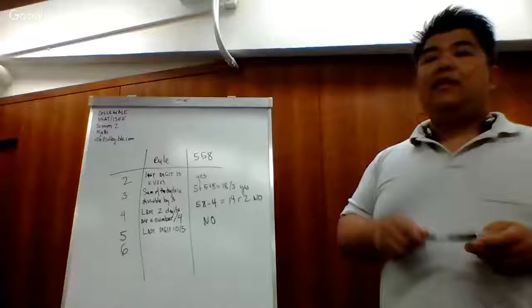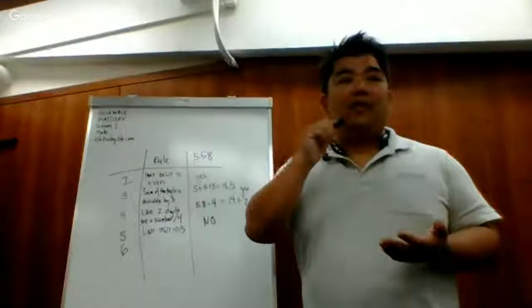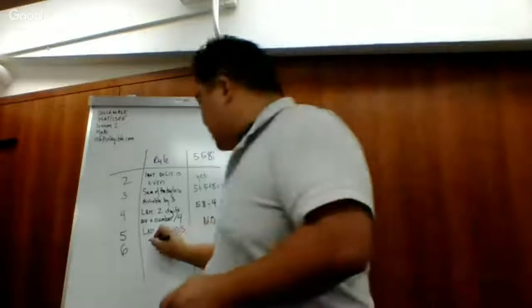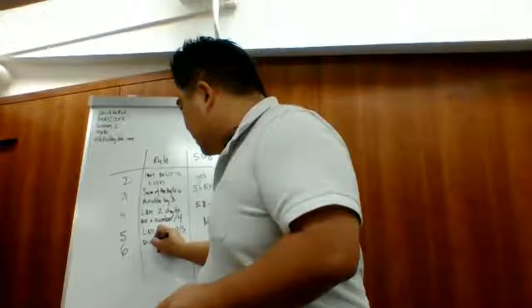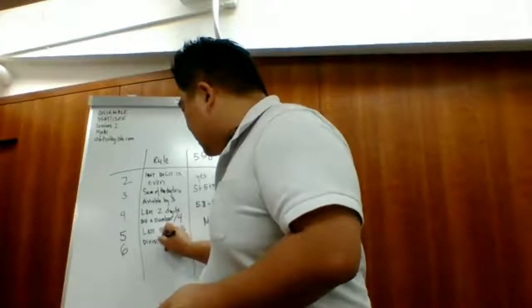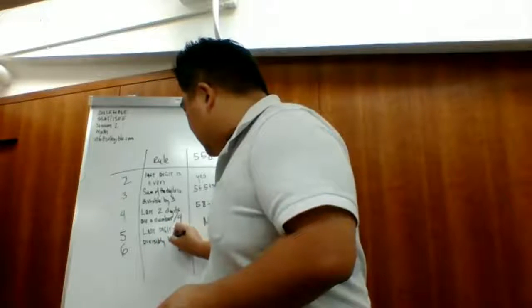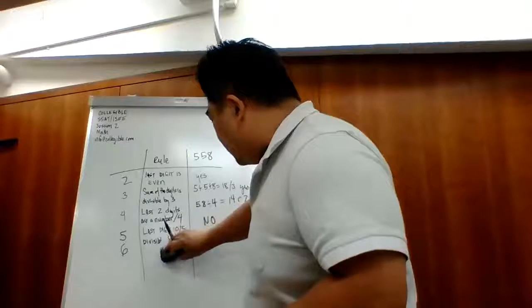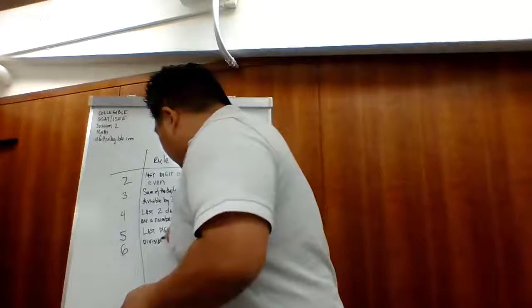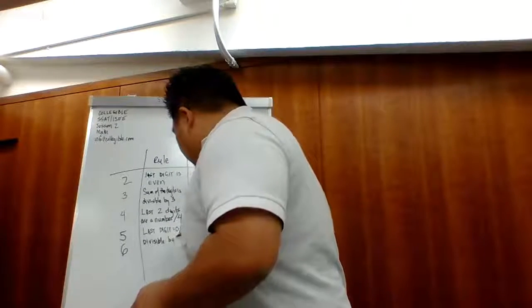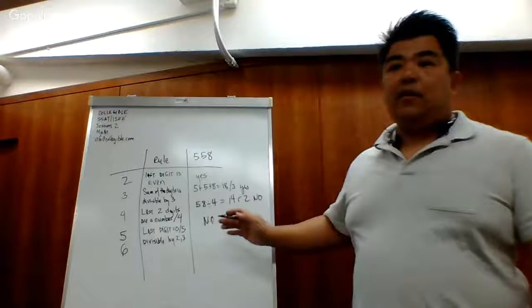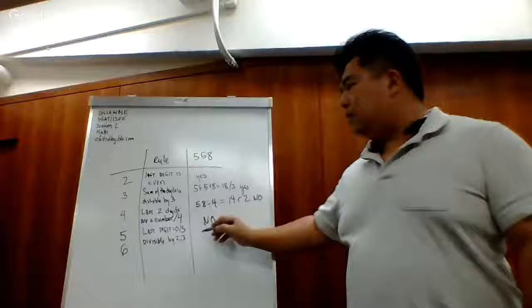So if a number is divisible by both 2 and 3, okay? Divisible. So this one is obviously a yes, because we already proved yes and yes right here.